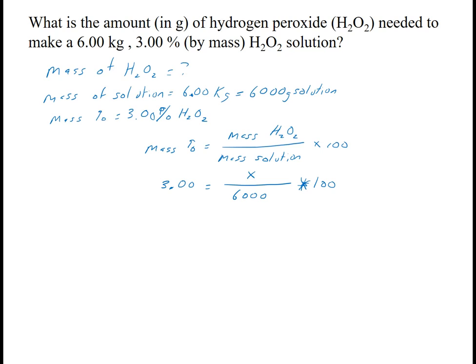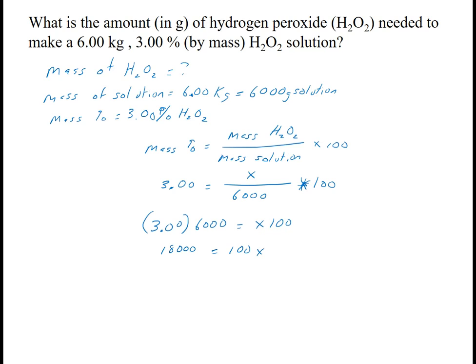Now this is read as x divided by 6,000. So in order to isolate x, I have to do the opposite mathematical function. If this is division, the opposite is multiplication. So I'm going to take 3.00 times 6,000, and the mathematical order doesn't matter here, is x times 100. And so this is 18,000 is equal to 100x.